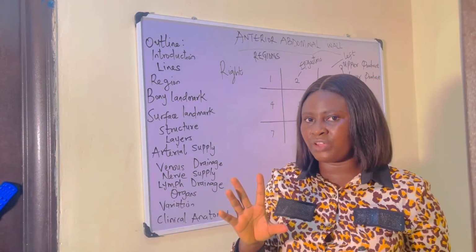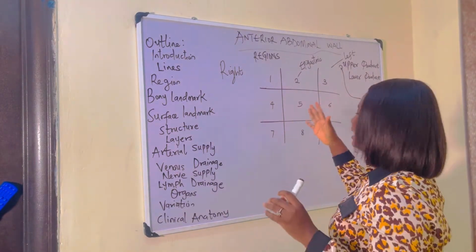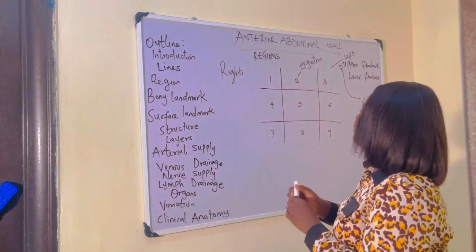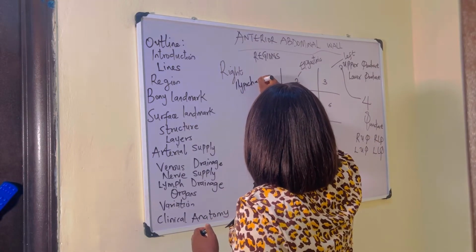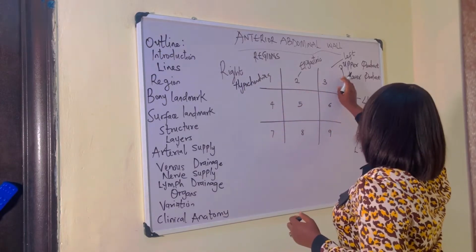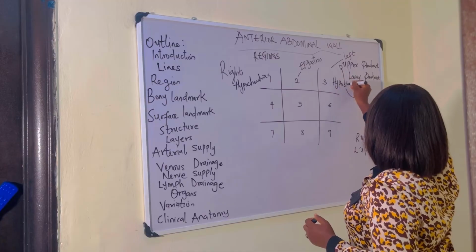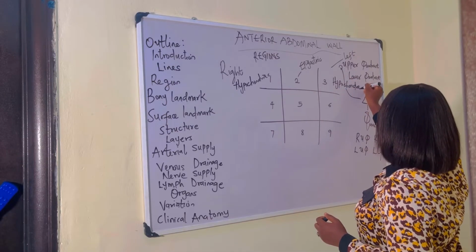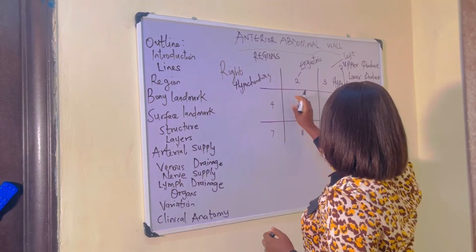Always be specific, okay, when you're trying to label the regions that are not in the middle. So the first one is the right hypochondriac region, okay? So this is the right hypochondriac region, and this is the left hypochondriac region, obviously. So in the middle, we are having the umbilical, that's the umbilicus, okay?